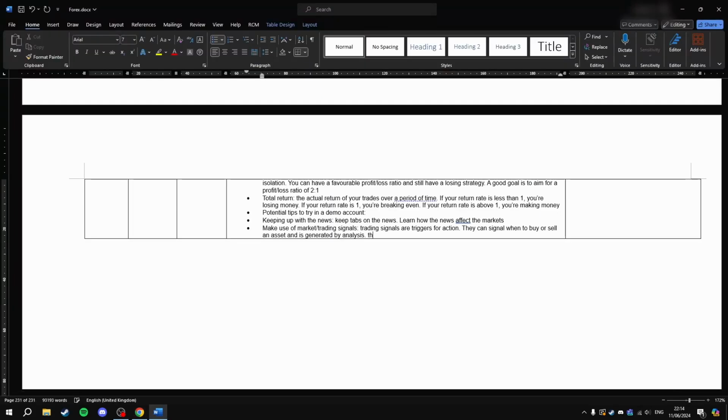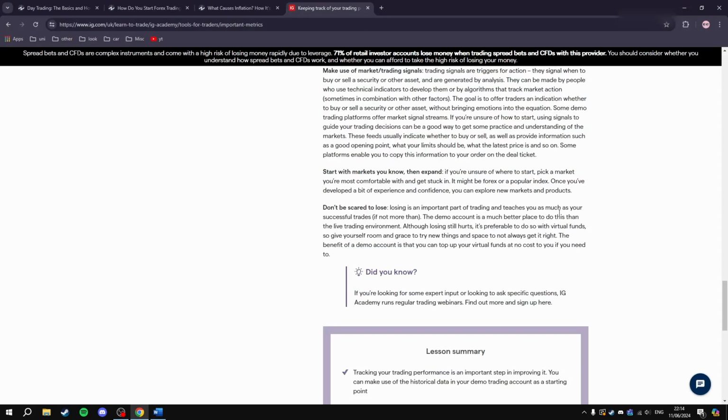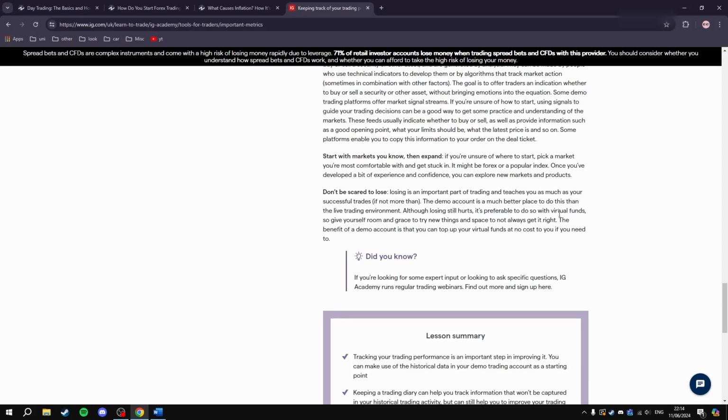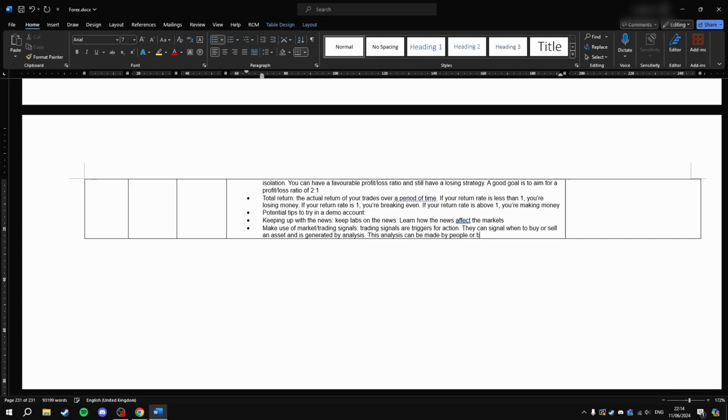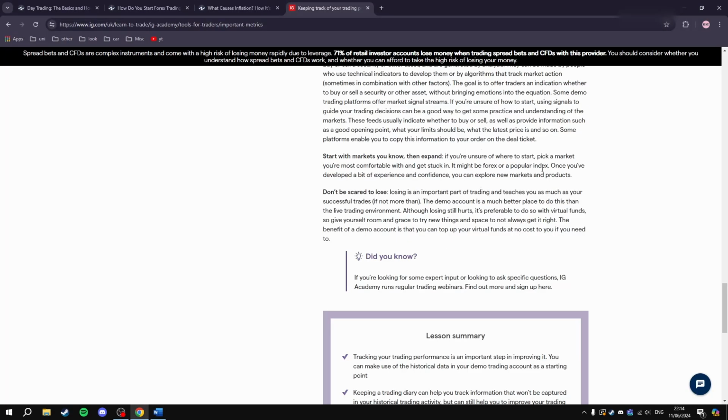This analysis can be made by people or by algorithms that track market action, sometimes in combination with other factors.